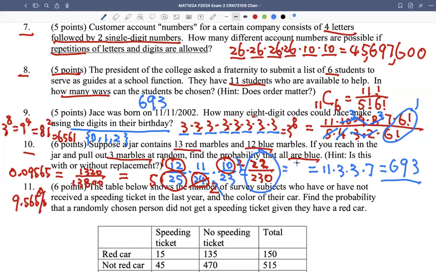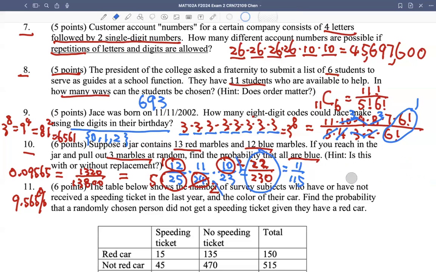In the end, we get 22 over 230, and we divide by 2. 230 divided by 2 is 115. So 11 over 115, and we know this cannot be simplified because 11 is a prime number.